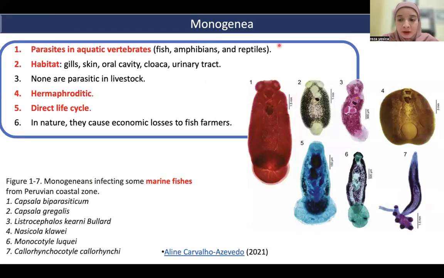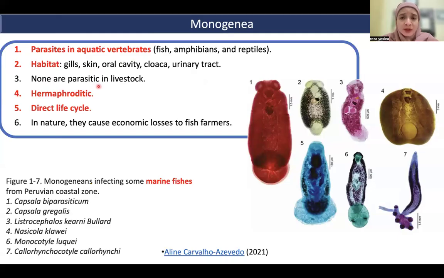This is several examples of monogeneans infecting some marine fishes from Peruvian coastal zones, from the journal I chose, and these are several behaviors. They are attached to aquatic vertebrates, and the habitat is mostly ecto, so in the skin or in the gills.